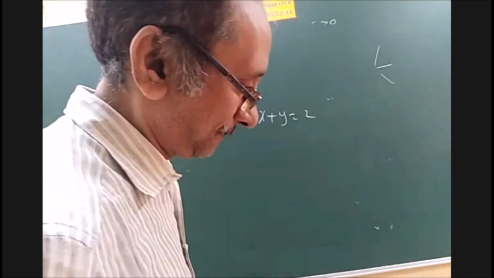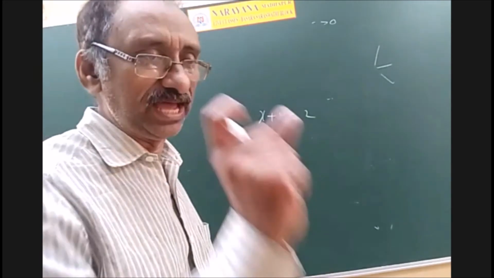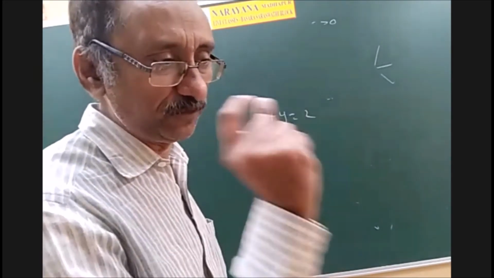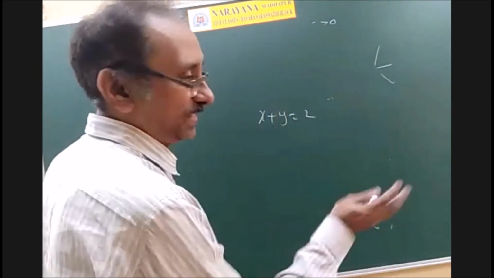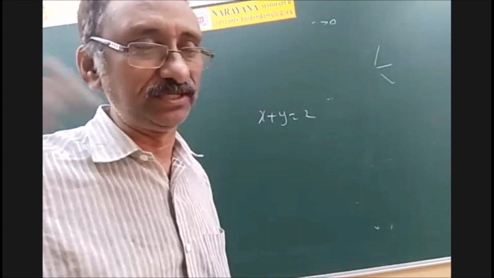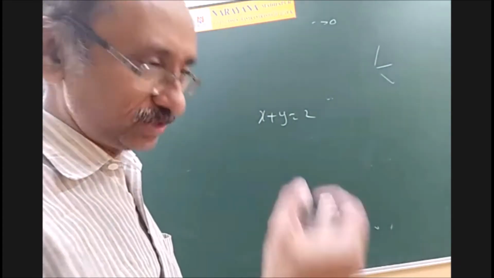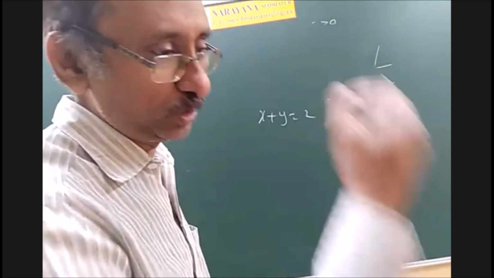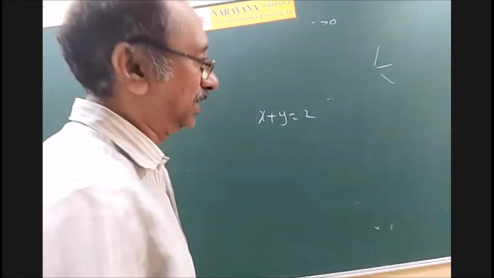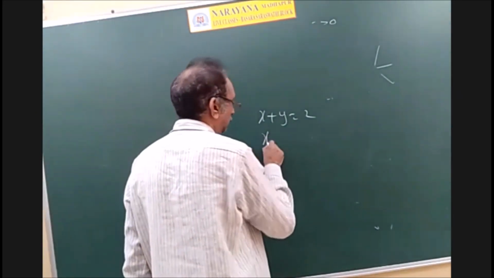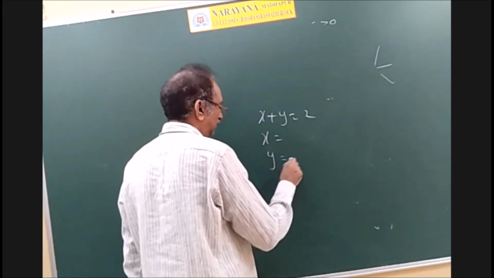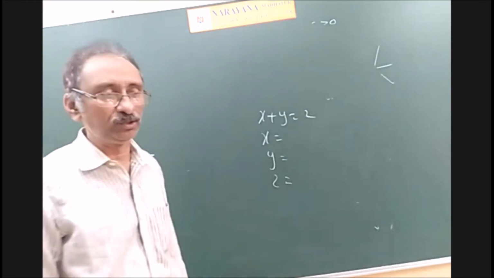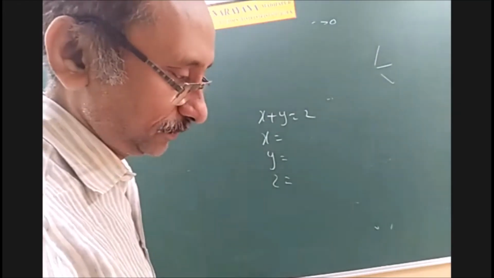Sir, x is equal to 1, y is equal to 1. Yes, those 2 values together give you one solution. Not simply x is equal to 1 is a solution and y is equal to 1 is a solution. Those x is equal to 1, y is equal to 1 put together give you one solution. Similarly, here one solution means you have to give one value of x, one value of y and one value of z. So give me.